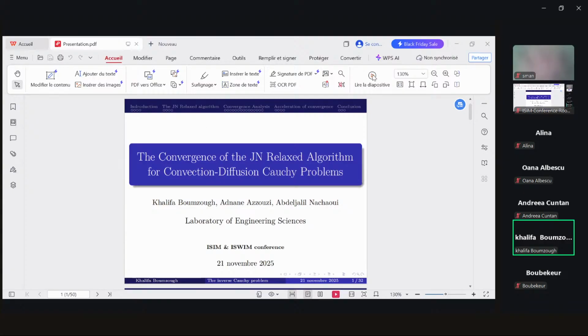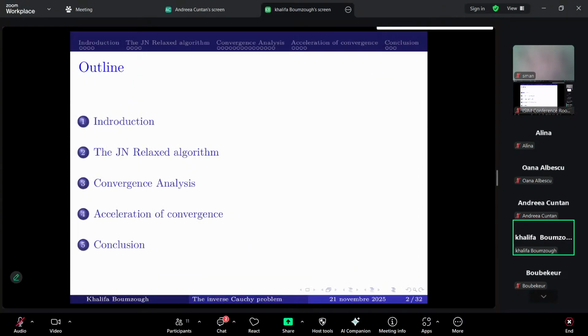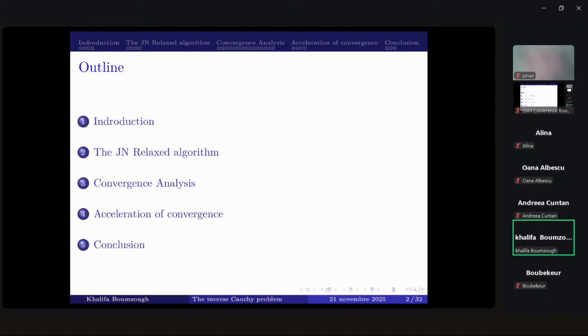My presentation is organized into 5 parts. Firstly, I will introduce the problem we are solving. Then I will explain the GN algorithm. In the third and fourth parts, I will present our convergence analysis and the acceleration of this convergence. Finally, the conclusion.